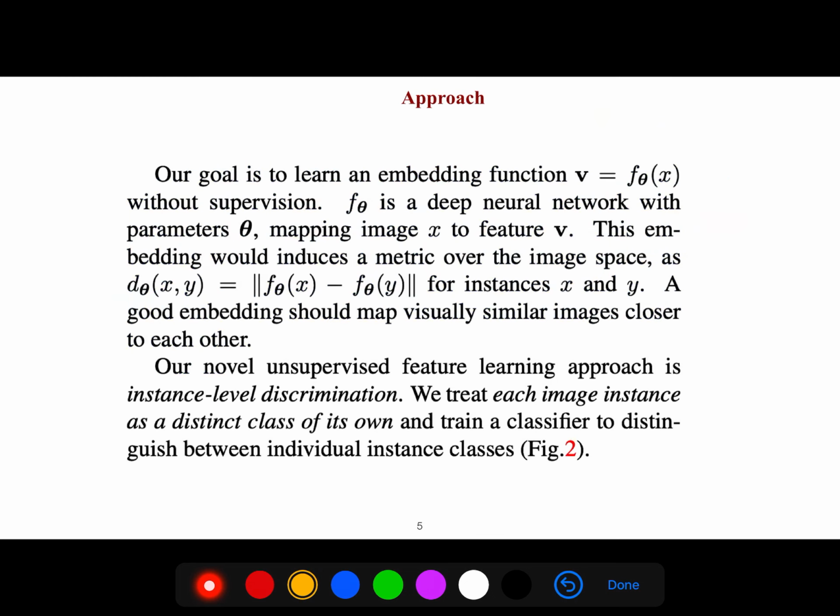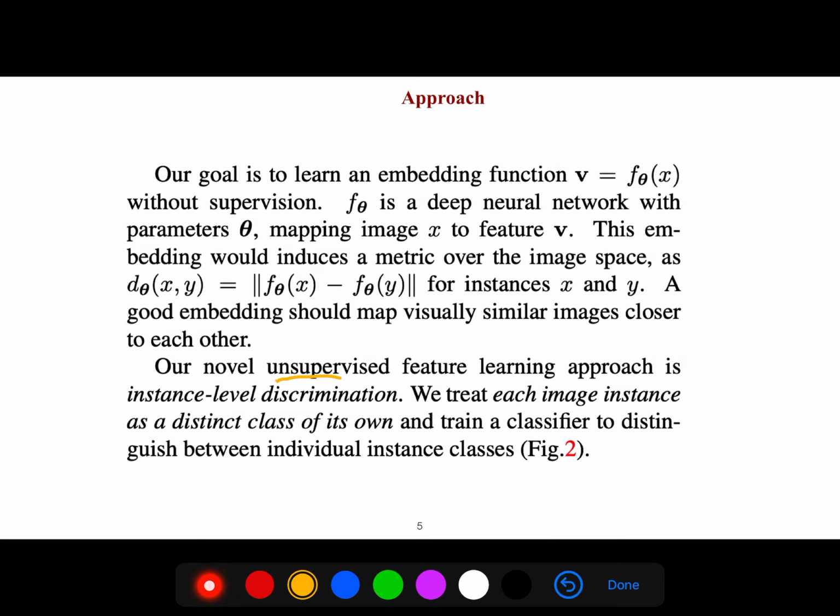The goal is to learn an embedding without supervision. F theta is a deep neural network with parameter theta mapping image X to a feature. So this embedding induces a metric over the image space.